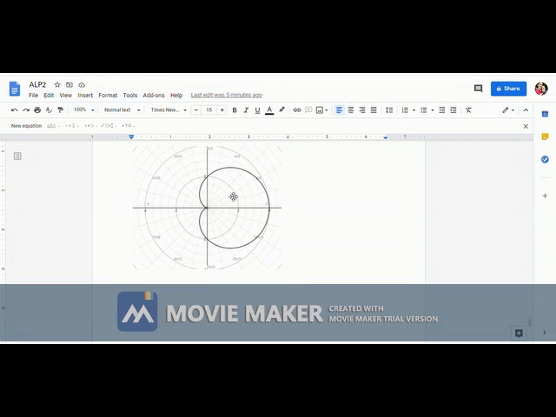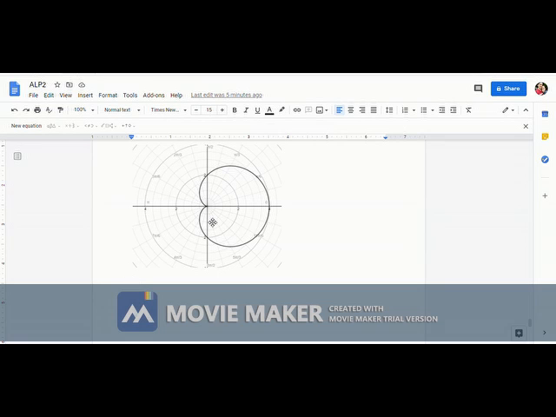So here we see with our first graph, we have a cardioid, and the equation for cardioids is r equals a plus b cosine theta, or r equals a plus b sine theta.